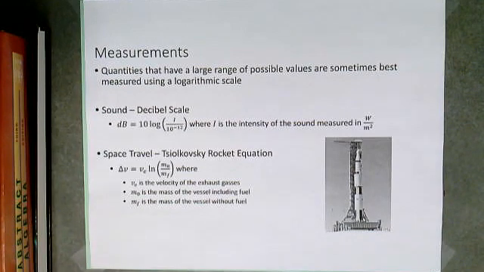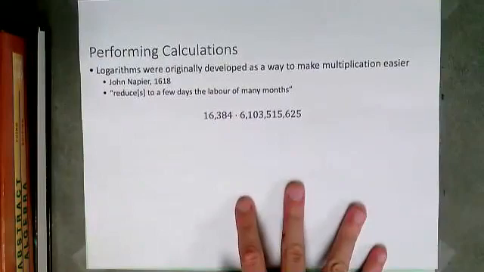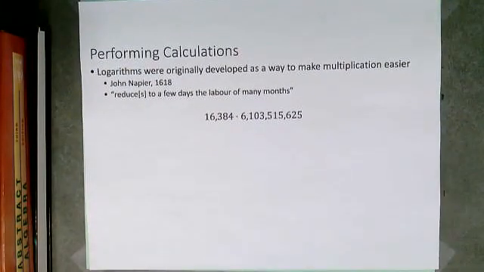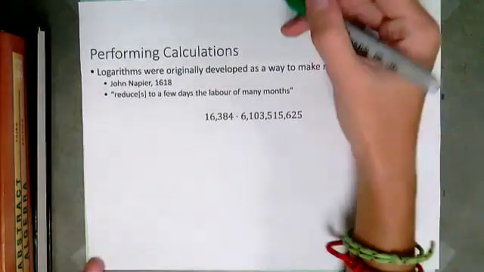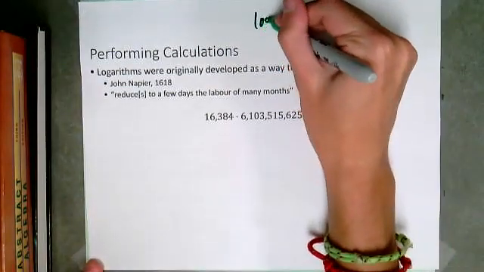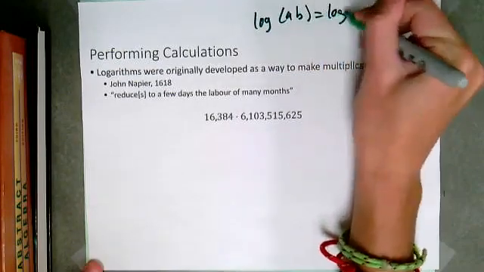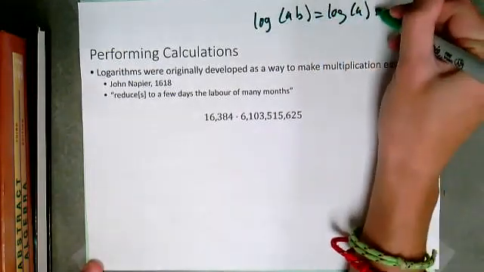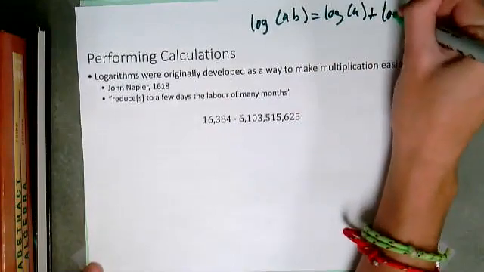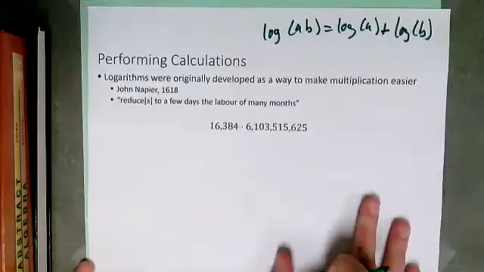Another thing, other than measurements, there was also performing calculations. So logarithms were developed actually as a way to make multiplication easier, right? Because remember our product rule, we have log of AB is equal to log of A plus log of B, right?